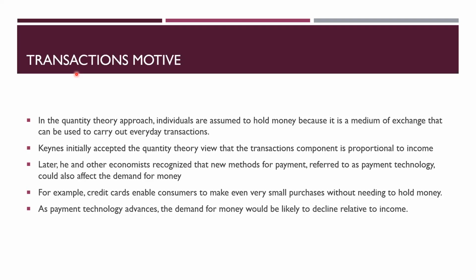You can see that as technological advancement occurs and people have better ways of making payments, people would not demand money as they would if there were no technology. So you can see how technology can have an impact on the demand for money. That's the transactions motive.